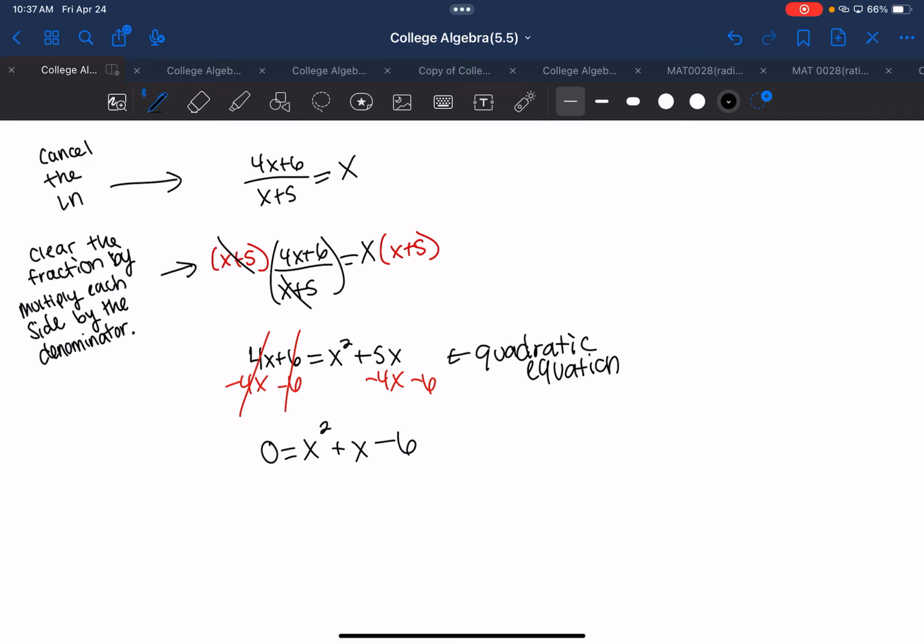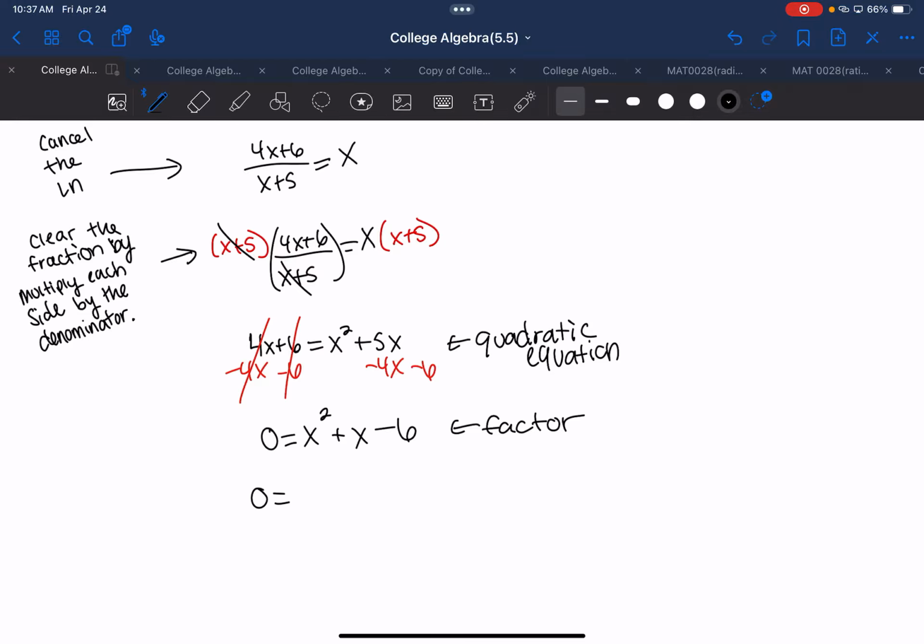And then we will factor. So I need two numbers that multiply to give me -6 and add to give me +1. So that would be -2 and +3.